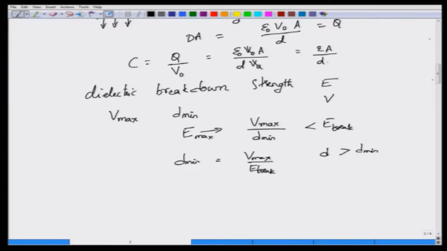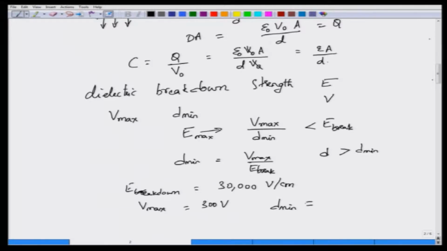For example, consider the breakdown strength of a given dielectric as about 30,000 volt per centimeter, and let us say the capacitor is rated to work at 300 volts. So, the capacitor is rated to work at 300 volts, and the material that fills it has a breakdown electric strength of 30,000 volt per centimeter. Then what should be the minimum value of the separation?